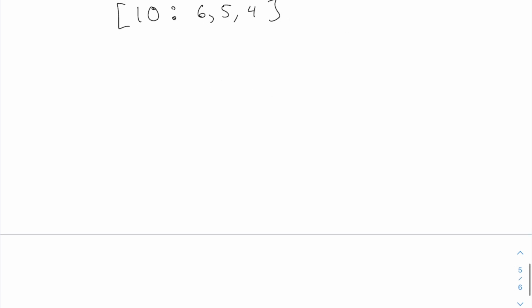I don't know how interesting these numbers will be, but let's say 10, 6, 5, and 4. Let's see what happens. This is the one where you write down all the permutations. So I'm going to write, as always, I call them ABC.